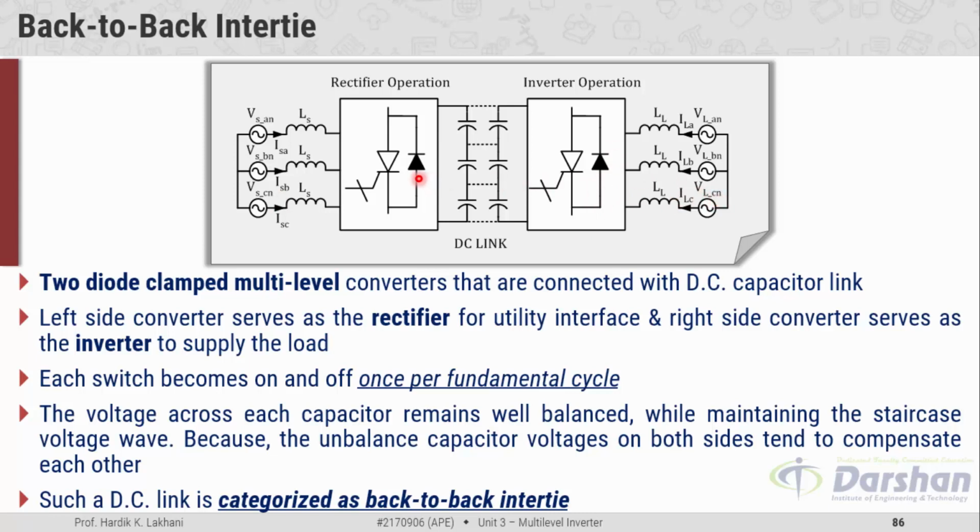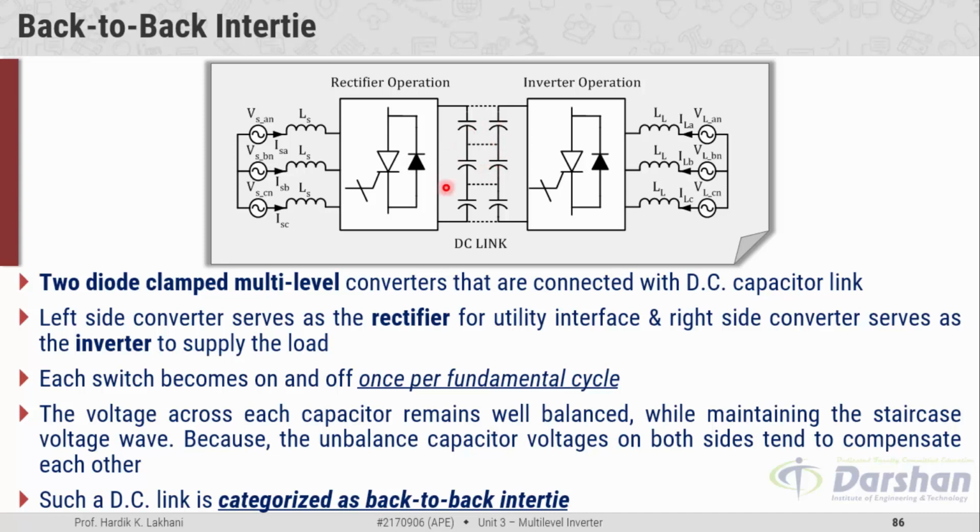Each switch becomes on and off once per fundamental cycle. The voltage across each capacitor remains well balanced while maintaining the staircase voltage wave, because the unbalanced capacitor voltages on both sides tend to compensate each other.